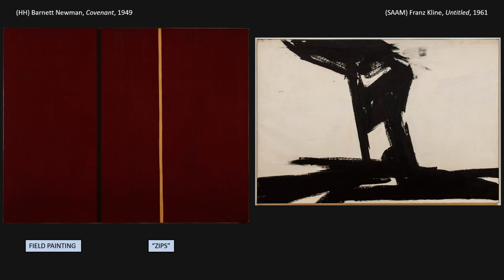And this is part of the reason many of his pictures have religious titles. Covenant, right? The covenant, religiously speaking, is God's promise for our salvation, whether in Judaism or Christianity, right?